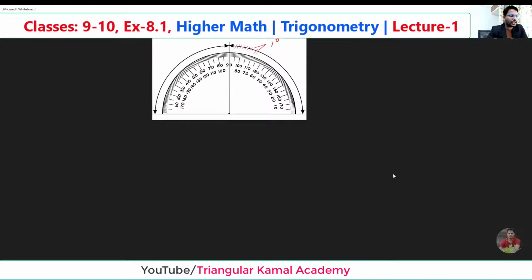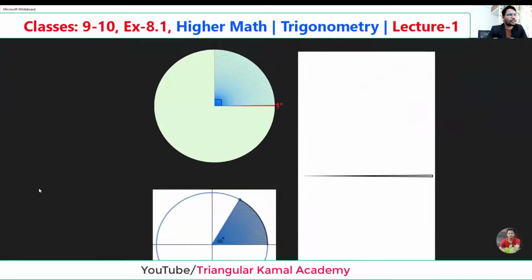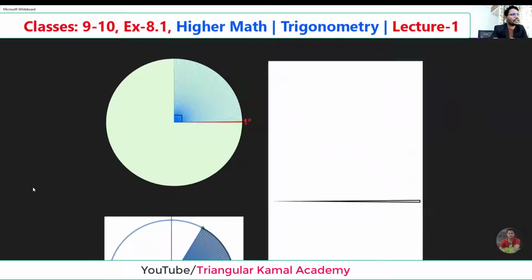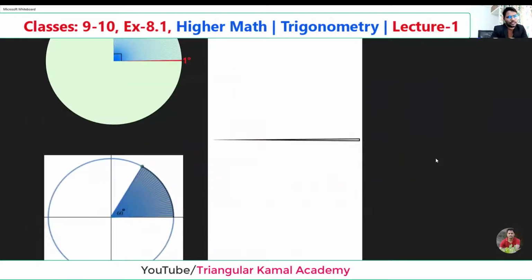Suppose this is the 90-degree angle divided into 90 equal parts. These parts are individually called 1 degree. Just take any one part, and this is 1 degree.